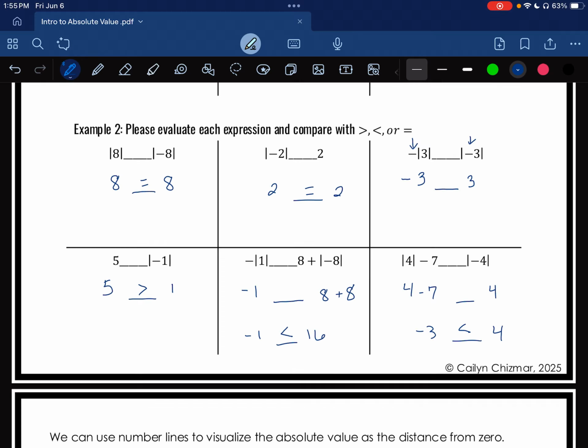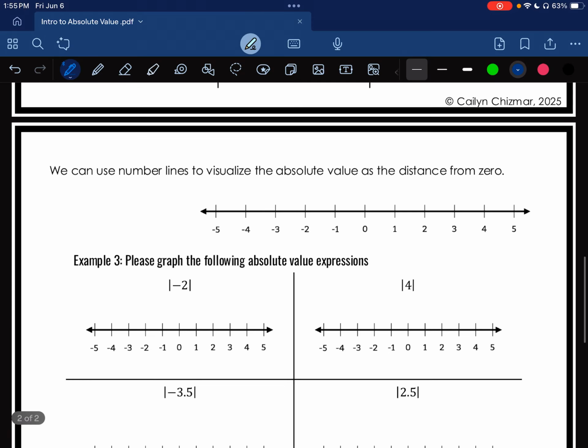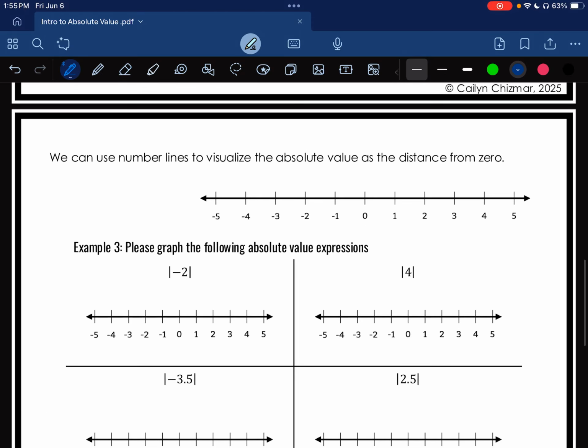All right. So we can also use number lines to visualize absolute value as this distance from 0. So for example, if I'm thinking about the absolute value of 3 being 3, let's think 3 is here, 0 is here.